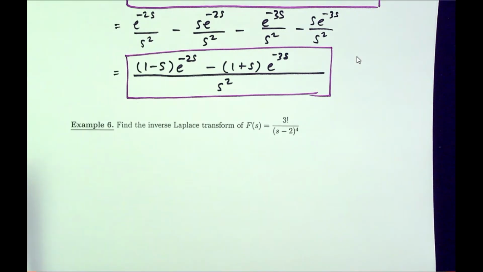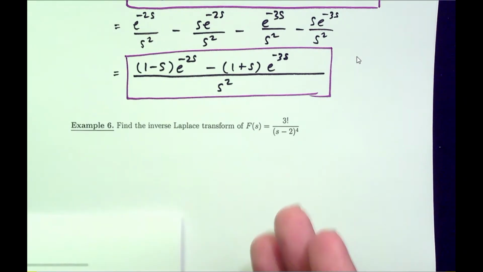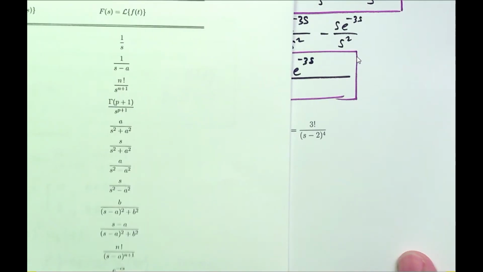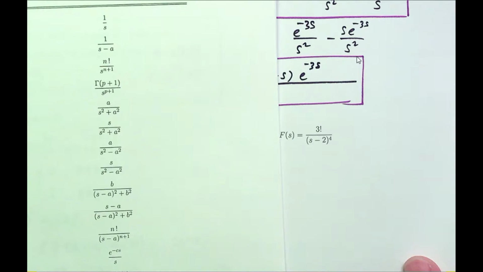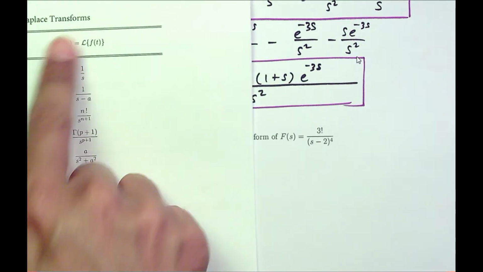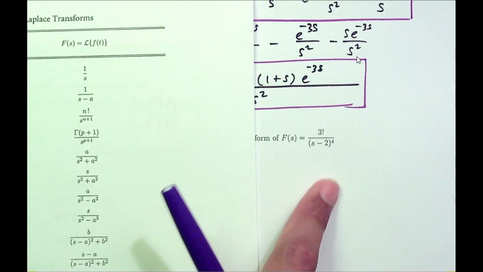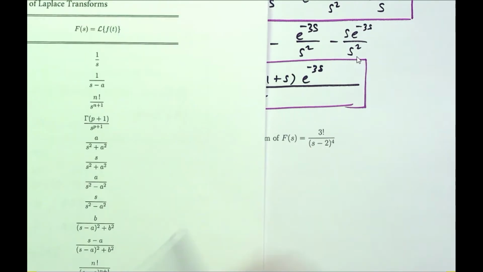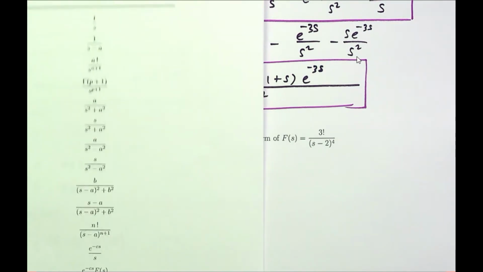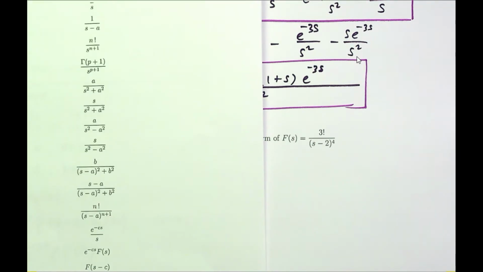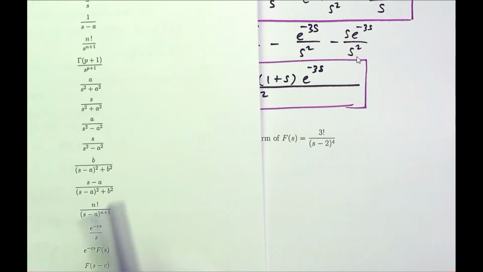Okay. So first, this is the easiest example. The easiest example is when you can find it directly in the formula, in the table, without having to modify anything whatsoever. So in the table, in the column for the Laplace transform, capital F, we're going to look at something that looks just like that. The one that looks the most like that is this one right here.